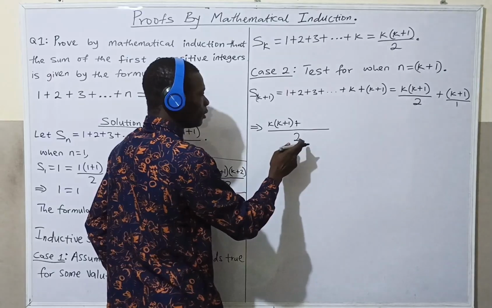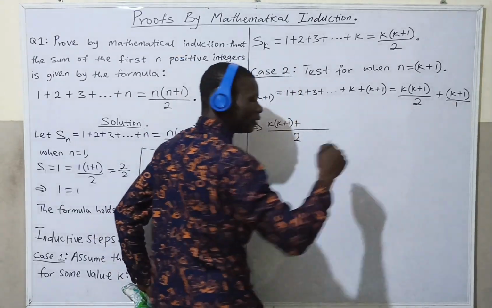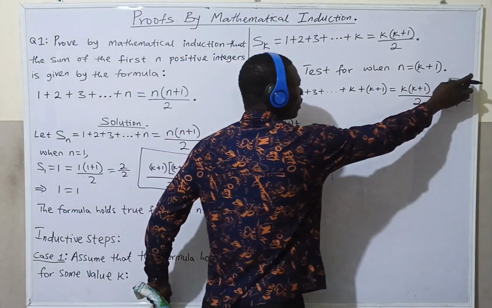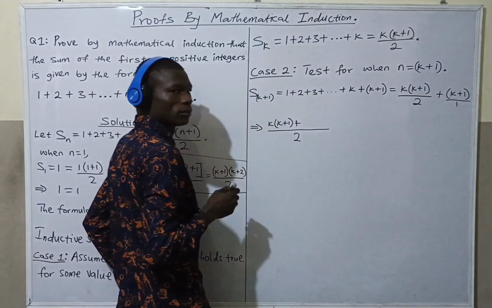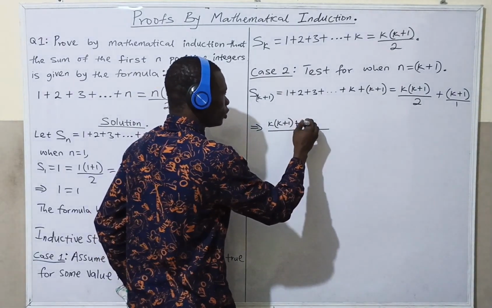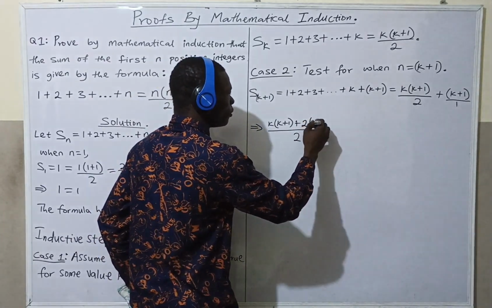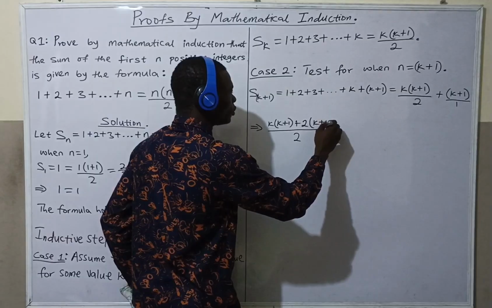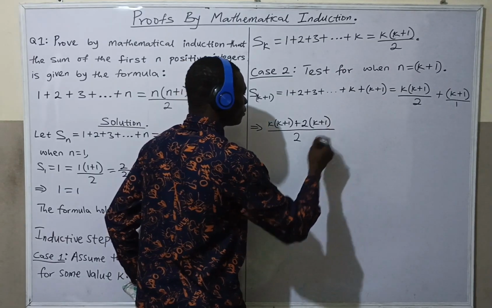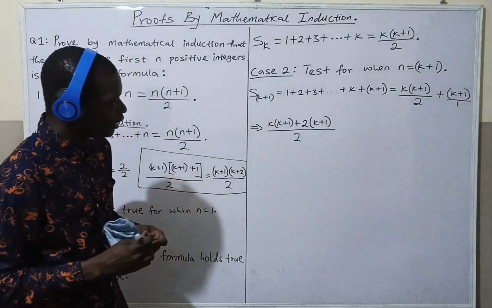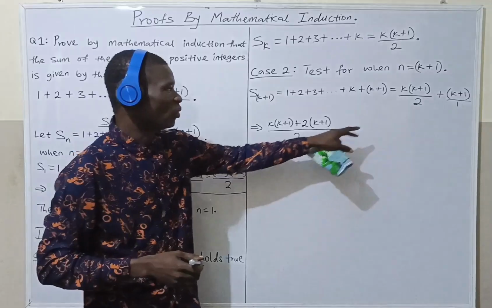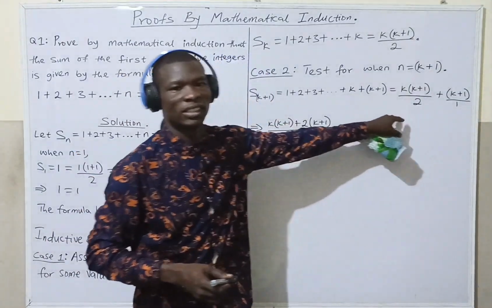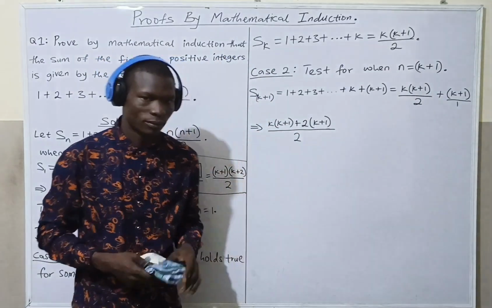And then plus 2 divided by 1, that's 2. 2 multiplied by what? The numerator there, that's going to be 2 bracket open, k plus 1. So that is what we have when we evaluate this, expressing them as a single fraction.